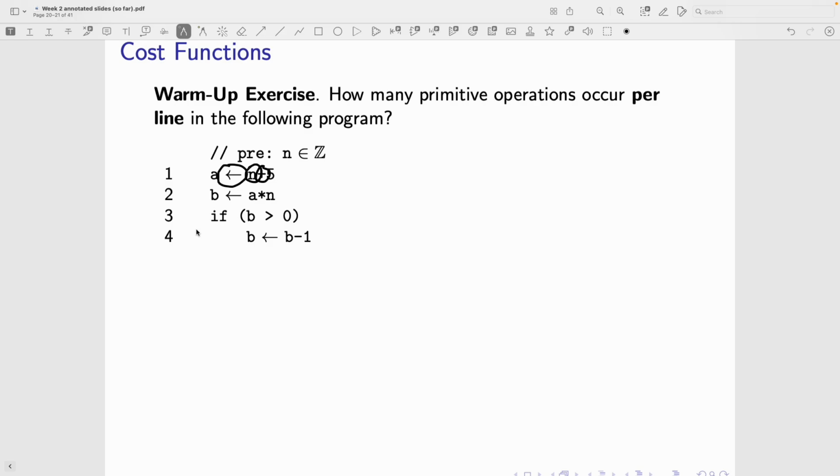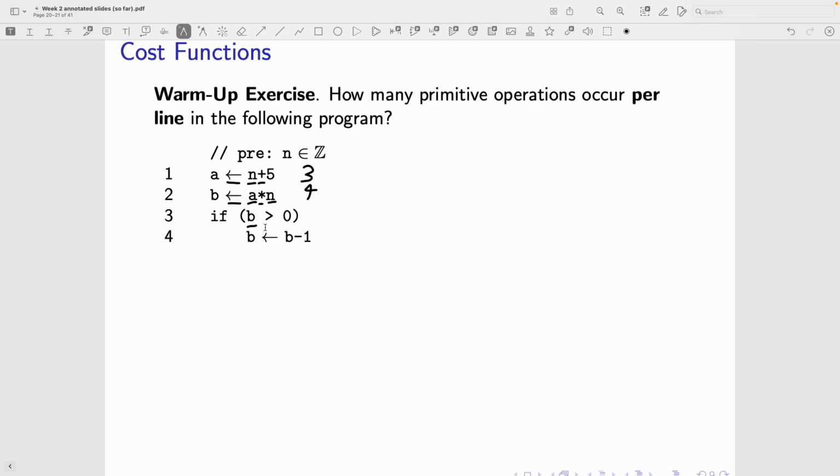And variable assignment is another. Here we're reading two variables, multiplying them and assigning them to another variable. So that's 4 operations.